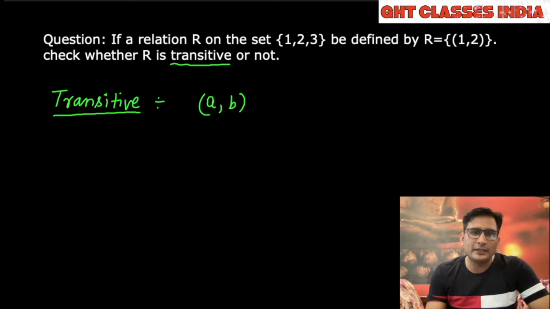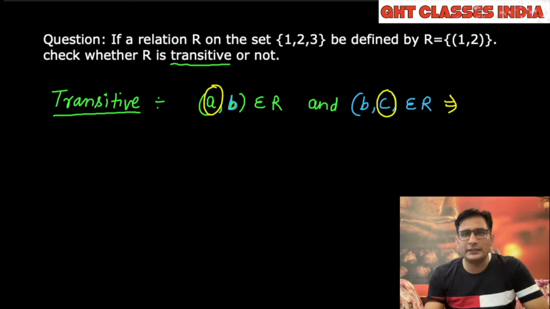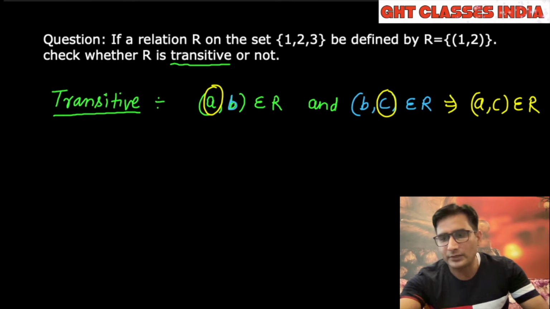Suppose (a, b) belongs to R, and the second condition is (b, c) belongs to R. If these two belong to R, then we need to check whether (a, c) belongs to R or not. If (a, c) belongs to R, then that relation is called transitive. Otherwise it is not transitive, right?